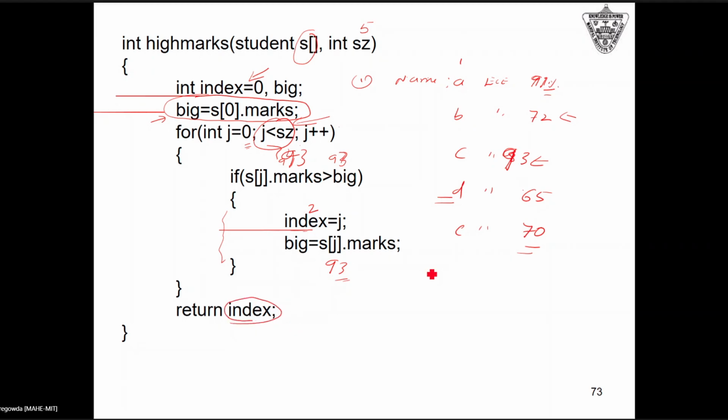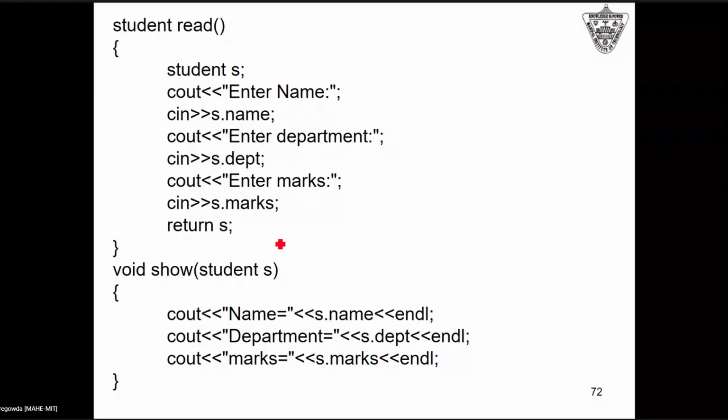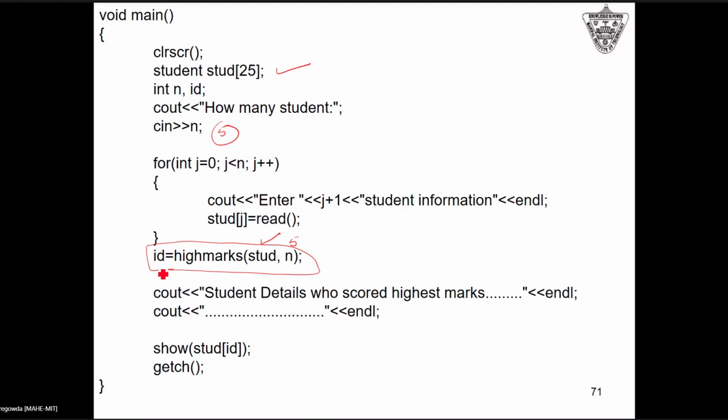So what is the index value? The index value is 2. So that is understood that the third student is going to have the highest marks. Now you are coming back here, so that the index value of the student who has the highest marks is stored in the ID value.